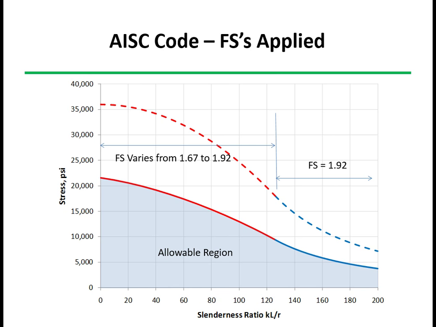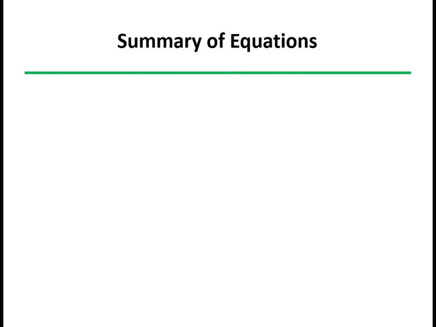The maximum stress, you can see for a very short column, is only 20-some thousand psi. Well, it's 21,600 actually, based on the factor of safety of 1.67. And as we move into higher and higher slenderness ratios, of course, our allowable becomes lower as buckling becomes more of a concern. So here are the equations that we're going to use.